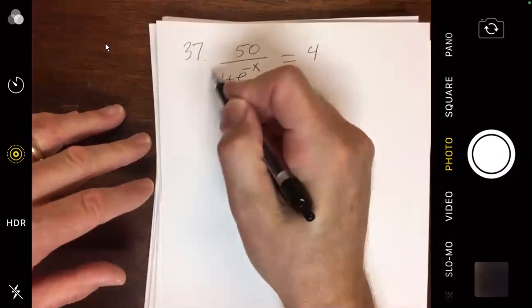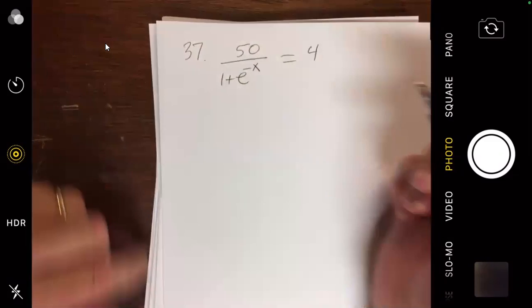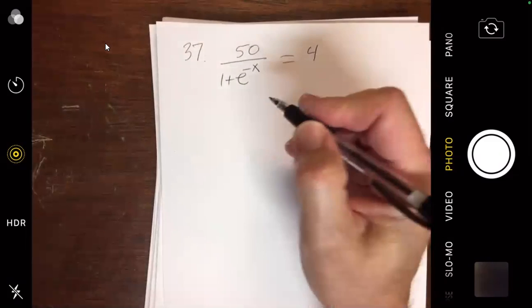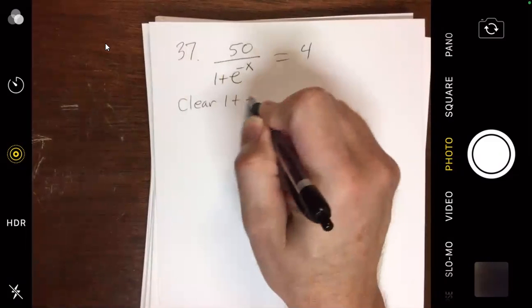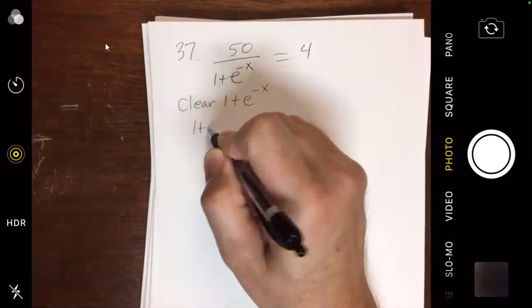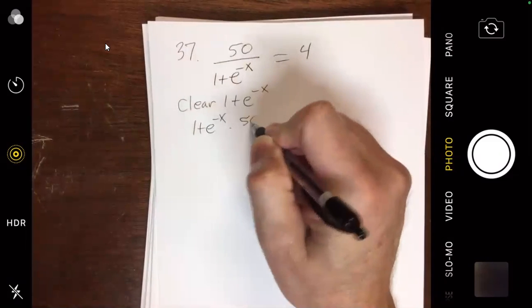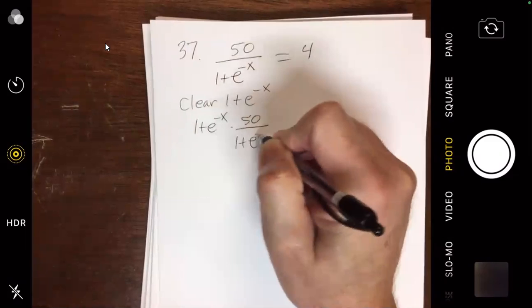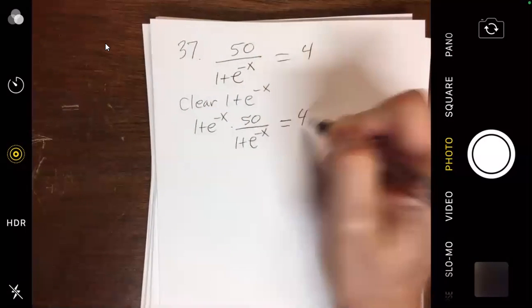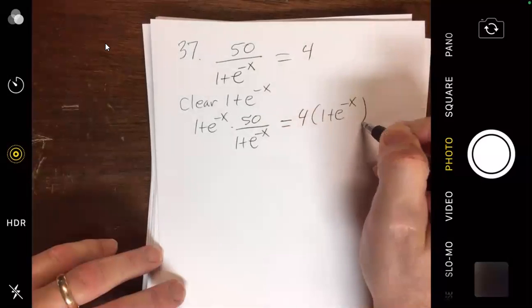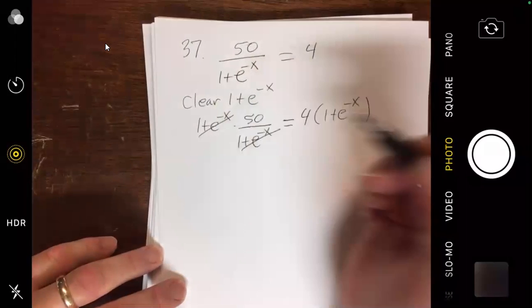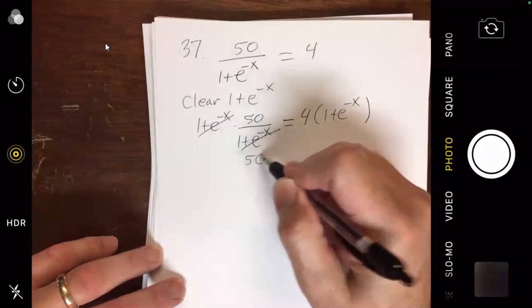You don't just want to charge in with logs until you've got e by itself. So clear the fraction: 1 plus e to the minus x. So I go 1 plus e to the minus x times 50 minus x equals 4 times 1 plus e to the minus x. So that will clear the fraction, leaving 50.